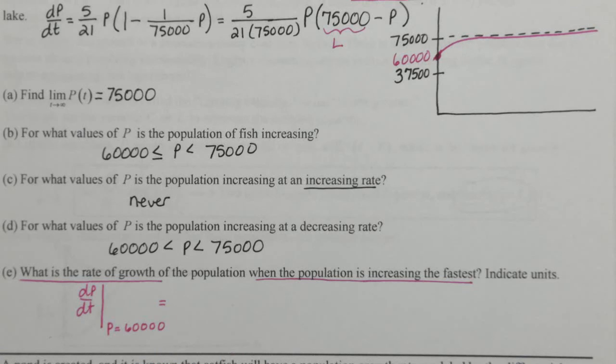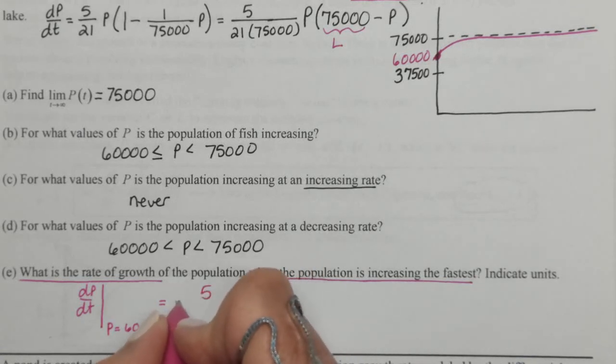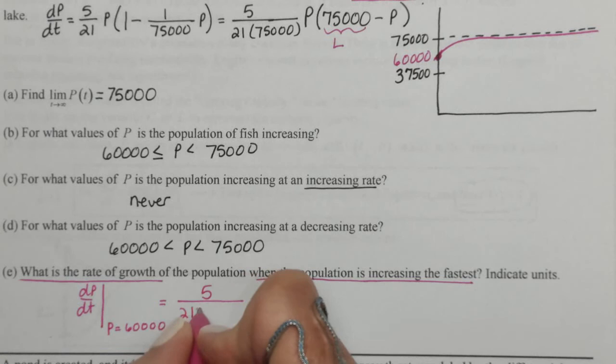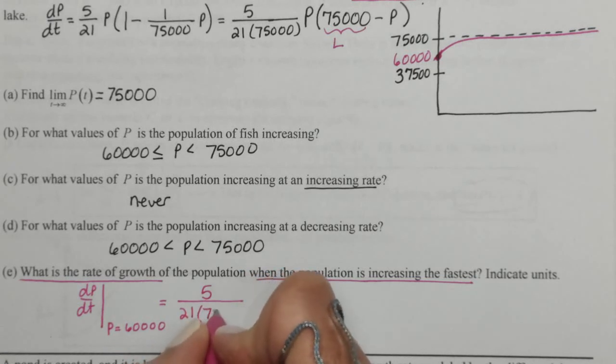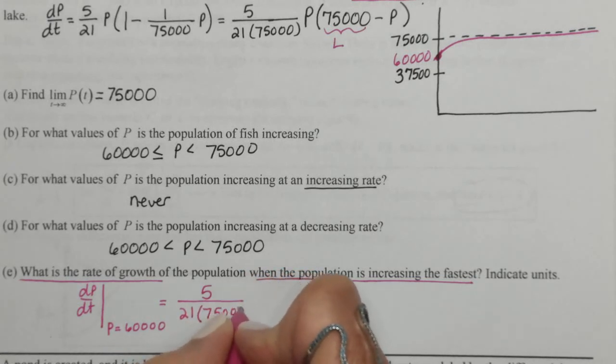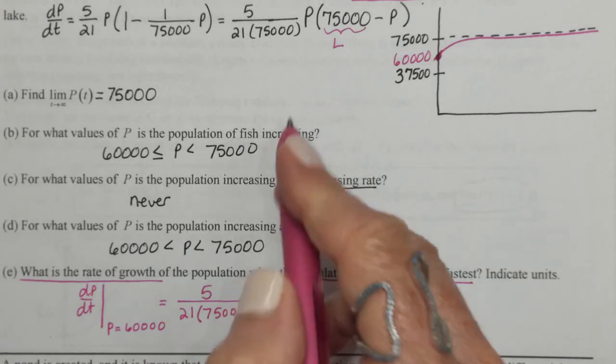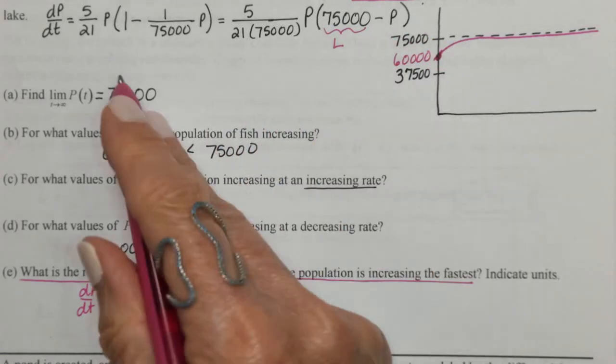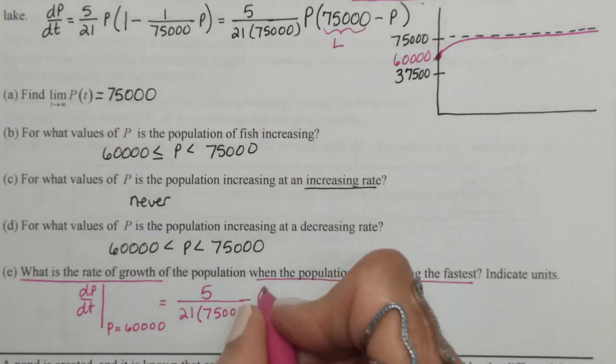Okay, so that will be, I'm going back into my dp dt equation, and I'm just using this last one, but we could use any of them that we want to.